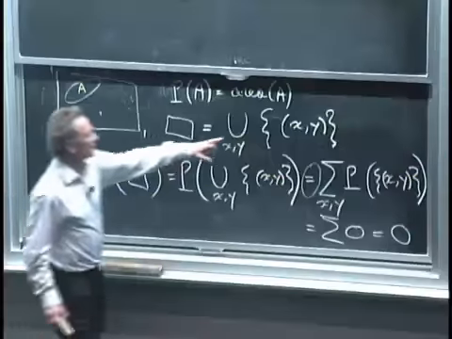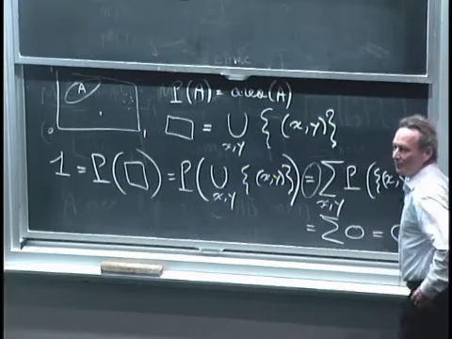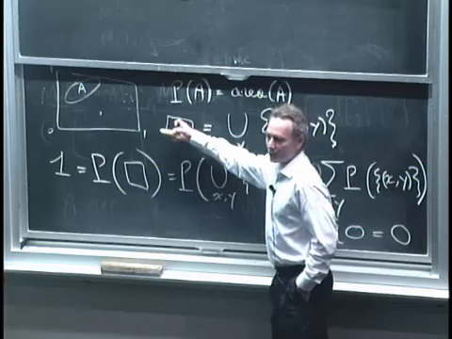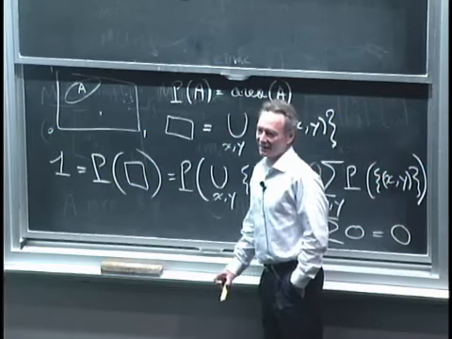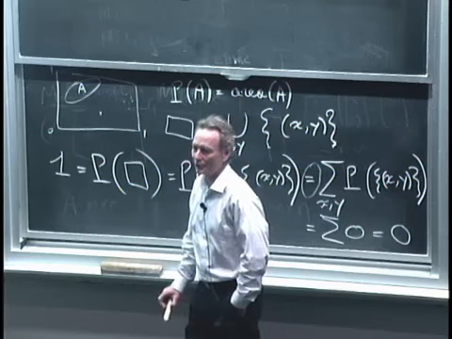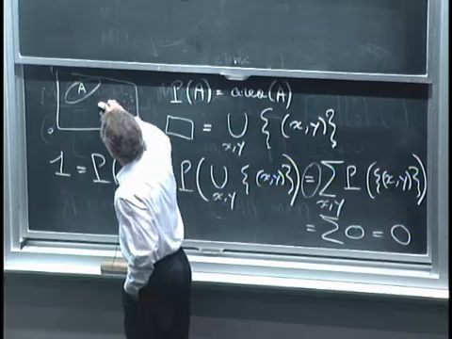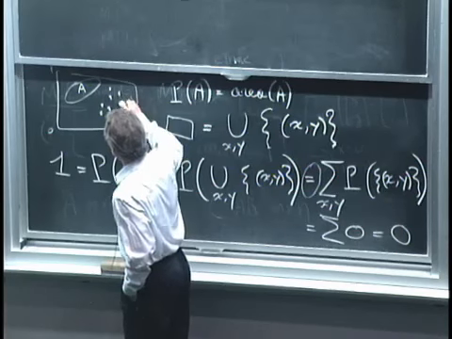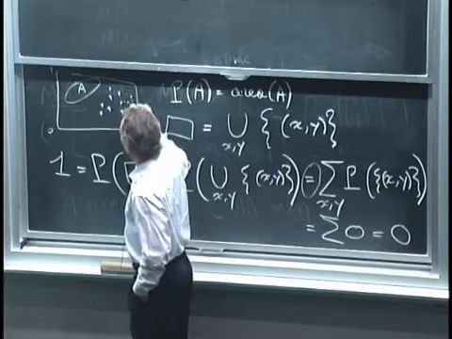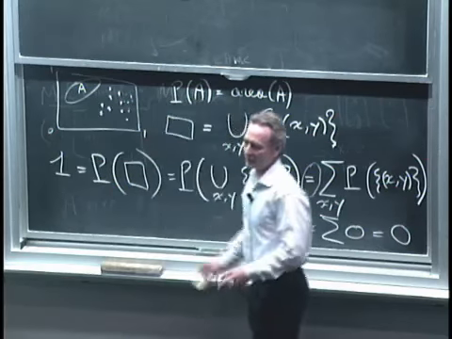Is this a sequence of sets? Can you make up the whole unit square by taking a sequence of elements inside it? If you start looking at a sequence of one-element points, that sequence will never be able to exhaust the whole unit square.